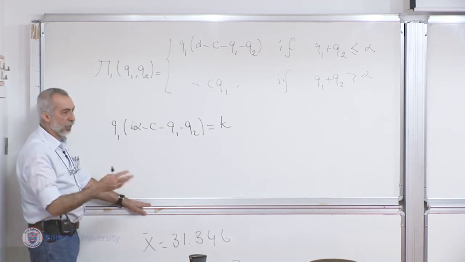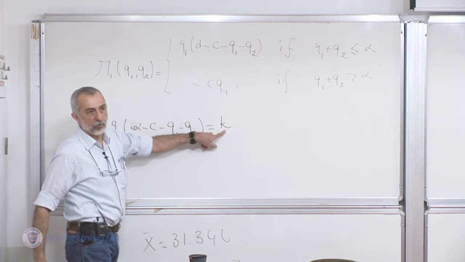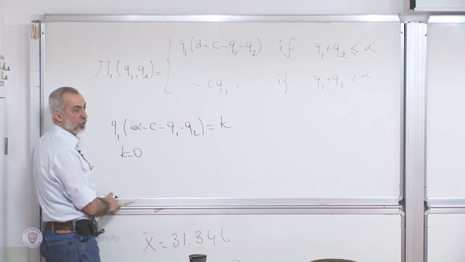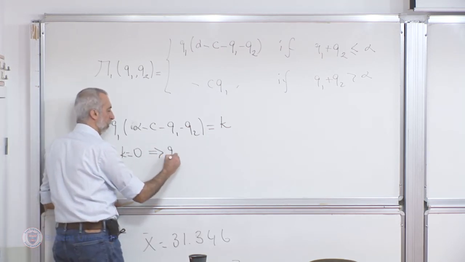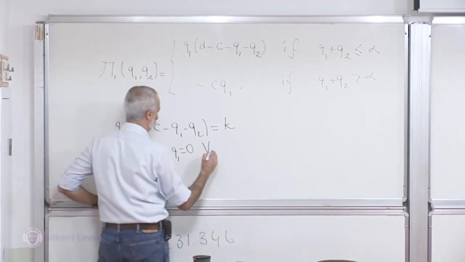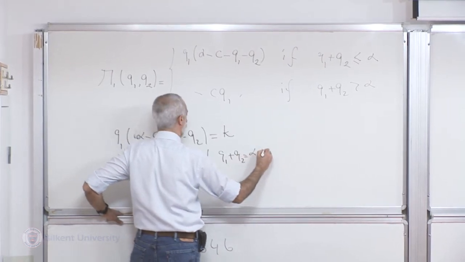Let's take a different approach. If Q1 is equal to 0, K is equal to 0. So let me consider first what happens when K is equal to 0. Q1 is equal to 0, or Q1 plus Q2 is equal to alpha minus C, right?